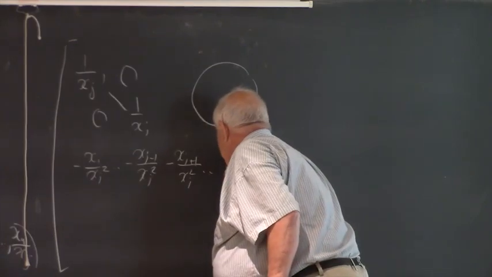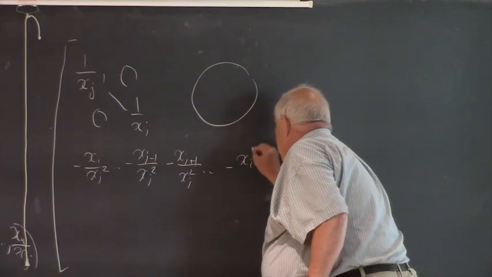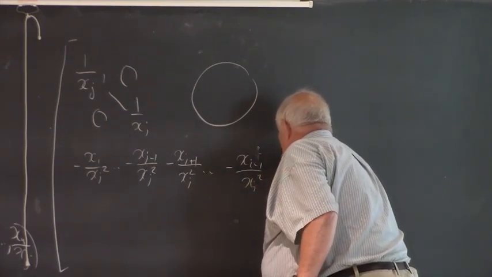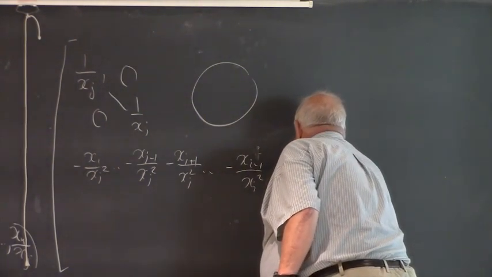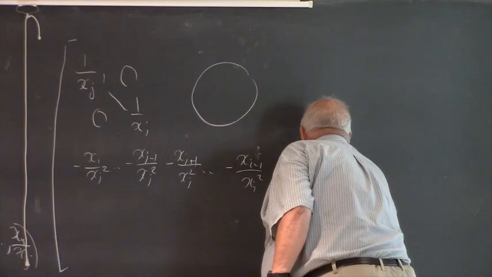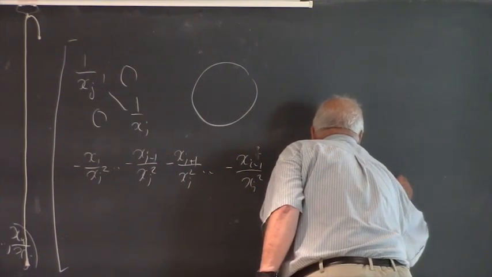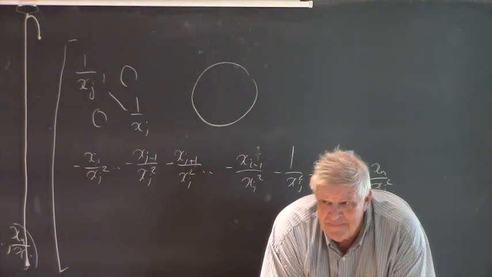And so on, minus x_{i-1} over xj squared, then minus 1 over xj squared, minus x_i over xj squared, and so on, minus xn over xj squared. If something is wrong, please forgive me.